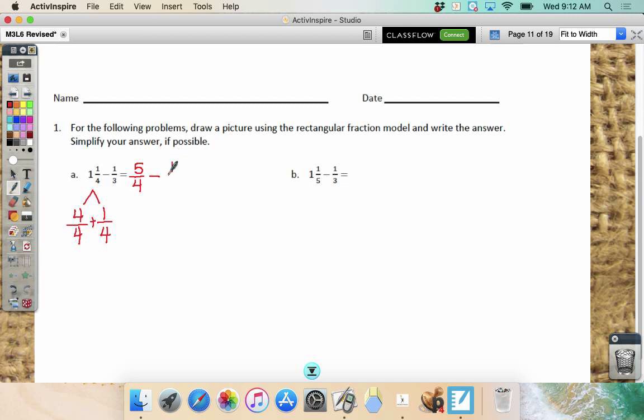So now I can simply subtract. Is this option 1 or option 2? How do you know? You haven't memorized that 4 and 3, the smallest denominator is 12. I'm going to have to write kind of small here.